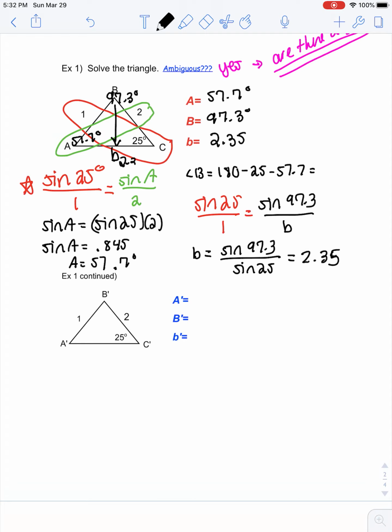I also would encourage you to double check your measurements as we've talked about before.